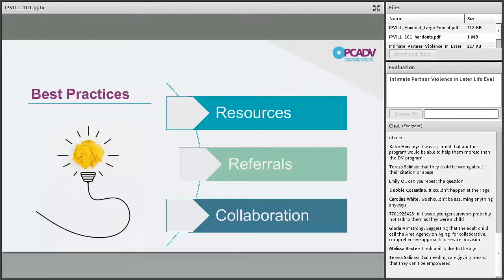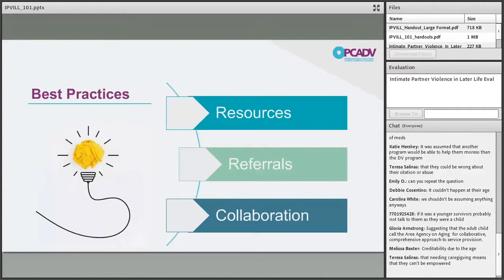And then also, cross-train your staff when you build these relationships. Get cross-trained so you understand each other's agencies and the services that you're able to deliver, because that will help you develop a referral process, a warm referral, in order to collaborate, to establish memorandums of understanding, and also join elder abuse task forces throughout the state, which are multidisciplinary teams that come together and talk about these specific issues regarding older adult abuse.